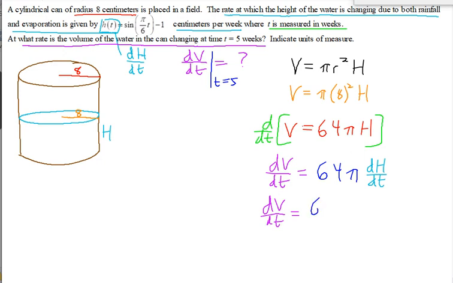So we got 64 pi, and this is all times this in parentheses. So sine of pi over 6t, minus 1. So if we didn't know what time, that's as far as we could go. But notice we're given specifically at time 5, so let's substitute 5 into that.